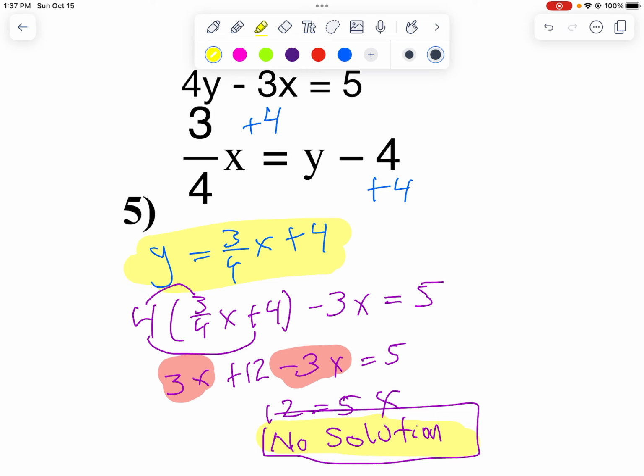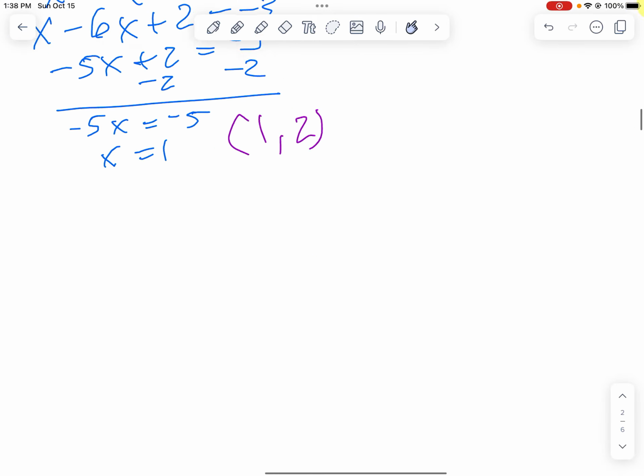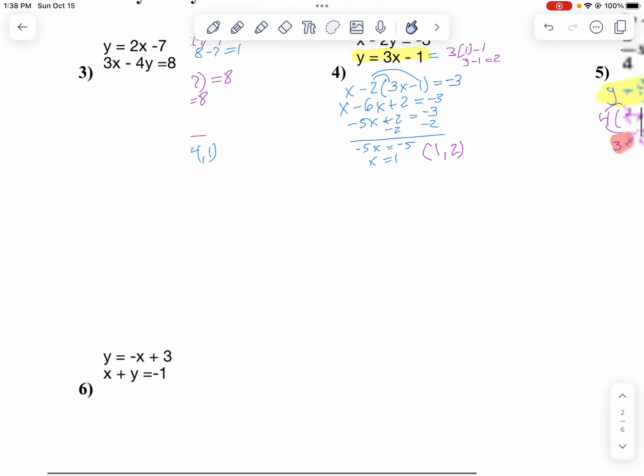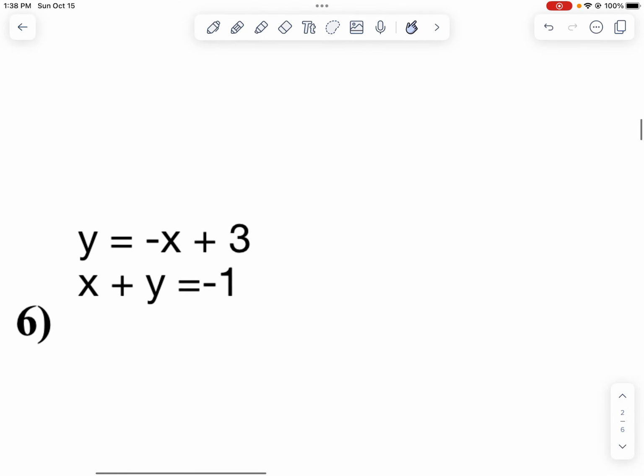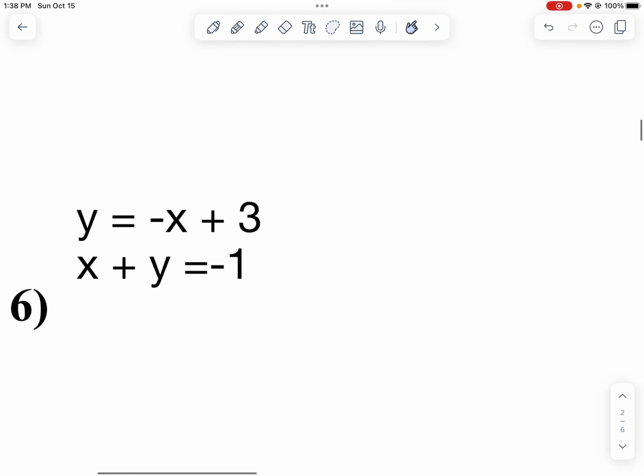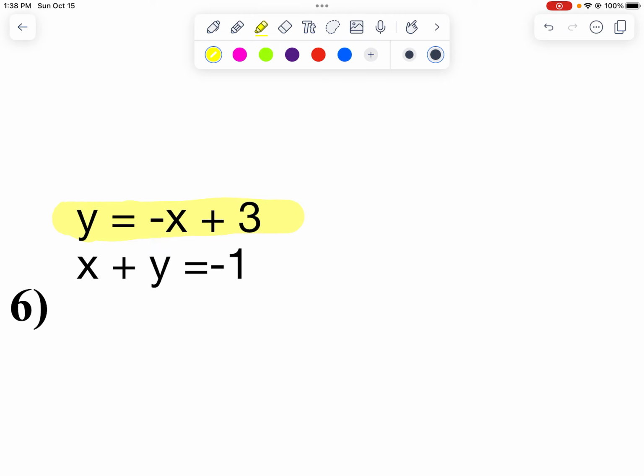Okay, let's take a look at question number 6. Now, I think I'm going to substitute y in my second equation because y is by itself, isn't it?